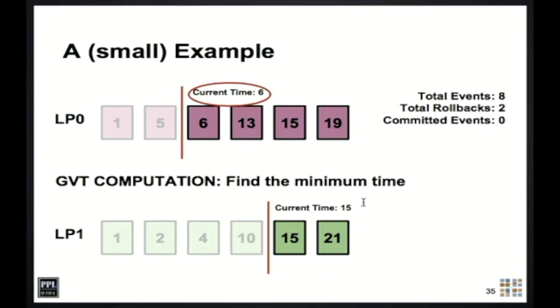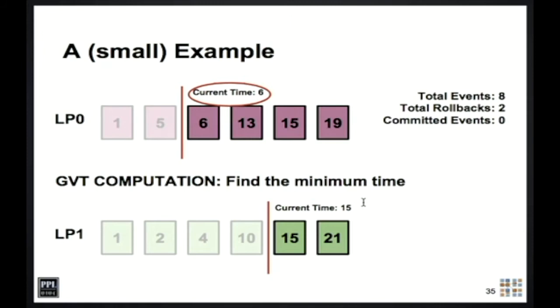We handle this by doing what's called the GVT computation, or the Global Virtual Time computation. This is a computation where we briefly pause the simulation and figure out what the minimum time of the entire system is. In this case, the minimum time is 6 because we only have 2 LPs. But in general, we have to examine every single LP in the system and all the events that are also in flight.